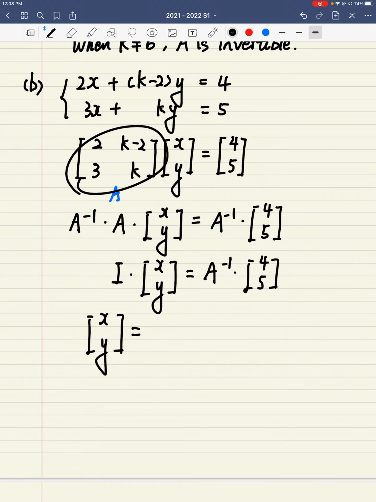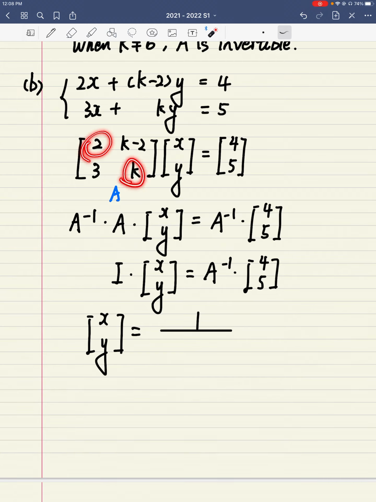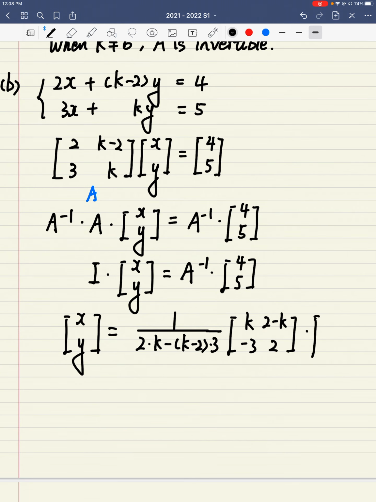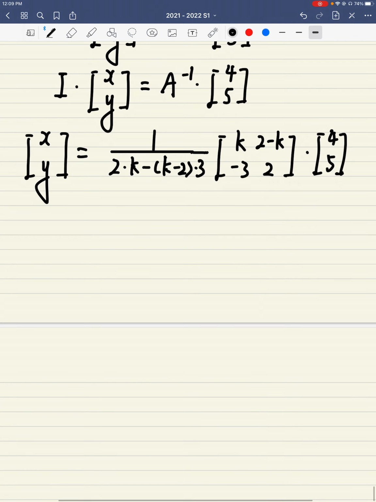A inverse is 1 over 2 times k minus (k minus 2) times 3, where AD change position and BC change sign, times (4, 5).